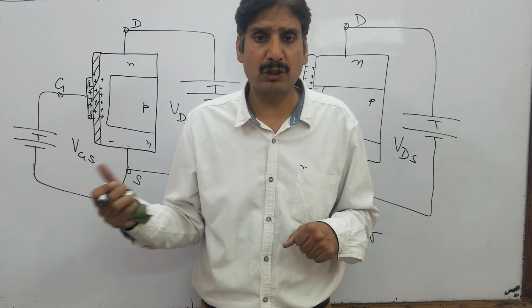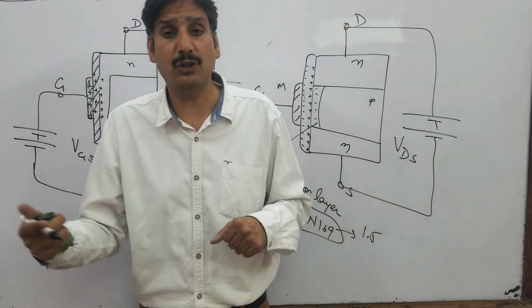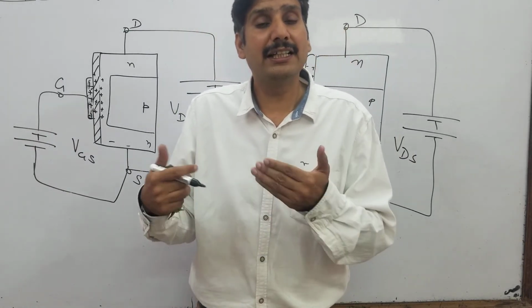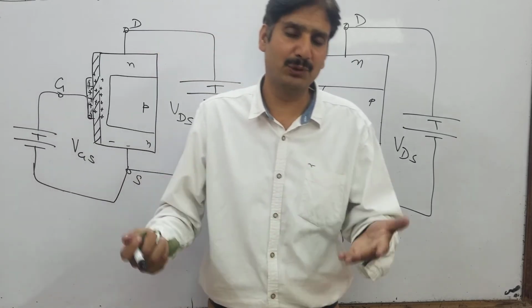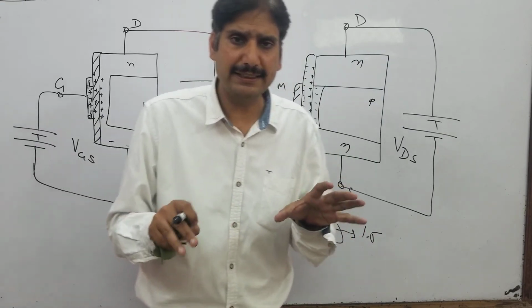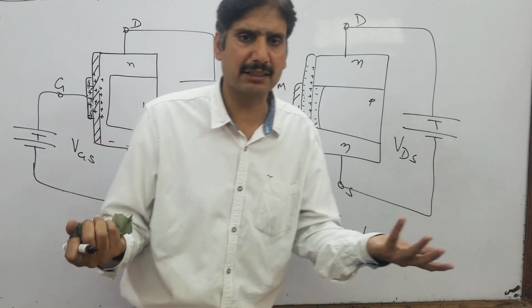If it's an N-channel MOSFET, the negative voltage would be called the depletion mode of operation of depletion type MOSFET. If gate voltage is positive, it is called enhancement mode of operation of depletion type MOSFET. In both the modes, the depletion type MOSFET will work. I again say that I am talking only about N-channel MOSFETs. The polarities will change for P-channel MOSFET.